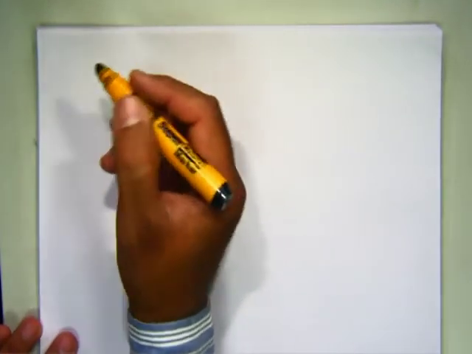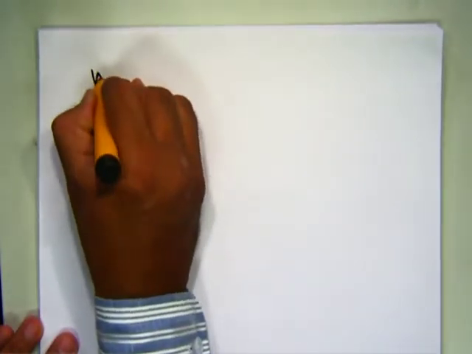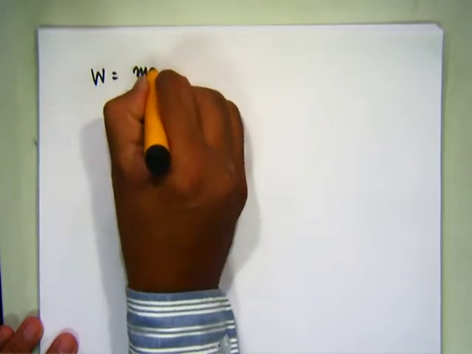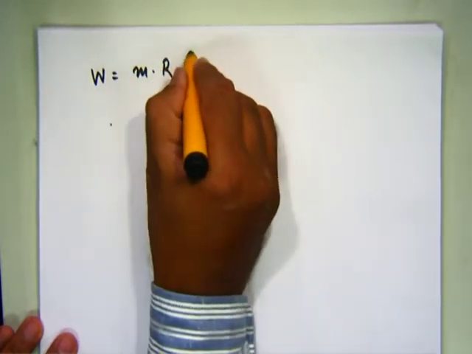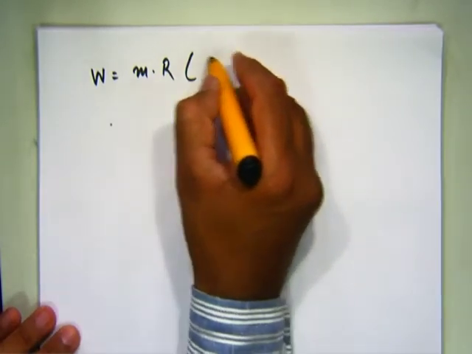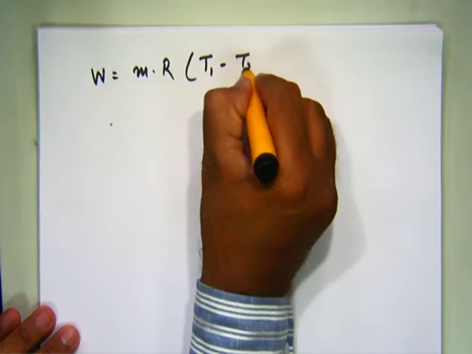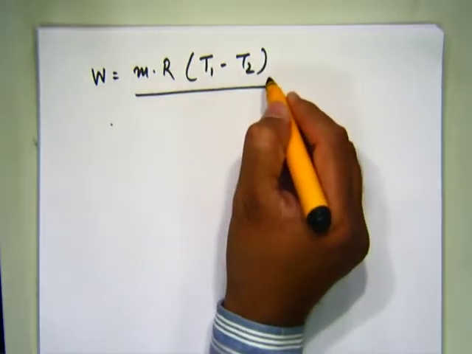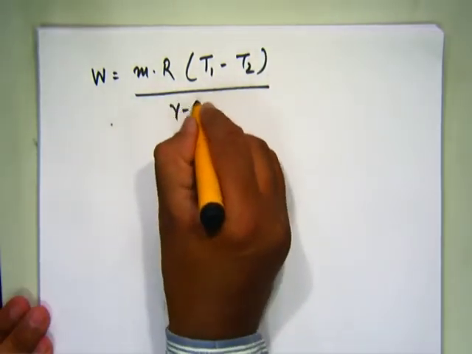Putting this value, work W is equal to m into R into T1 minus T2 upon gamma minus 1.